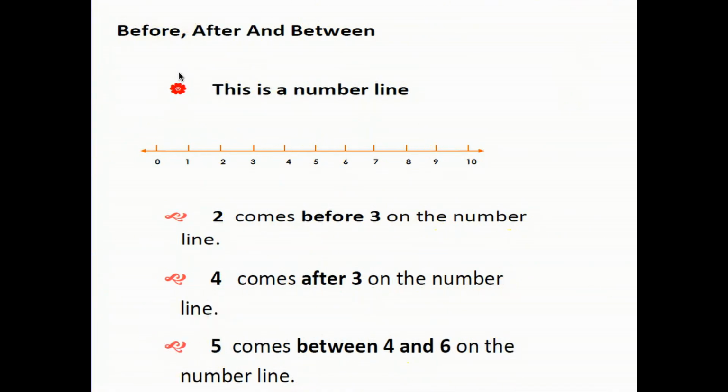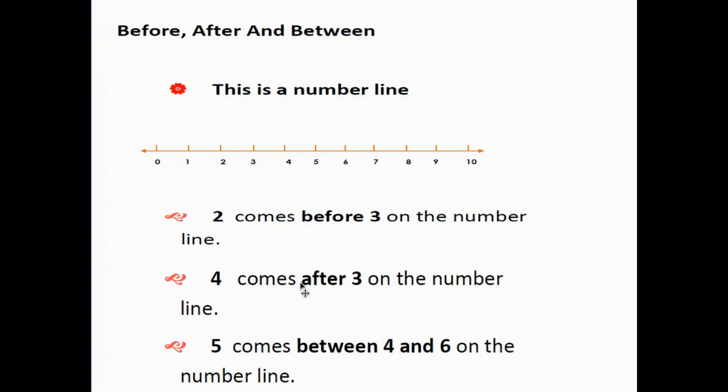Here you have also order of numbers, the numbers that come before, after, and in between. Order, arrangement of the numbers. This is a number line. On this number line, we'll see with examples what numbers come before, after, and in between.